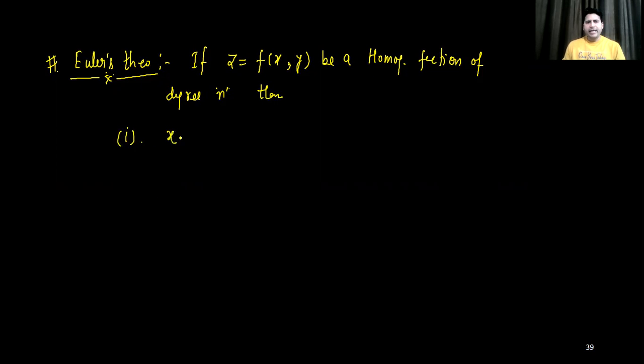First one: x into del z over del x plus y into del z over del y is equal to n into z.